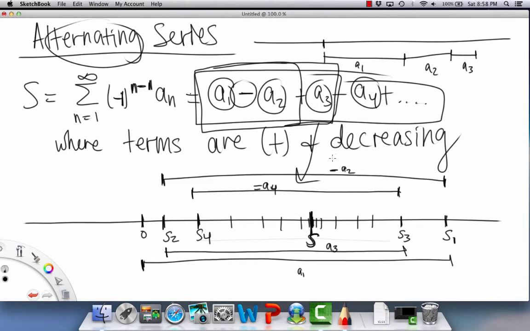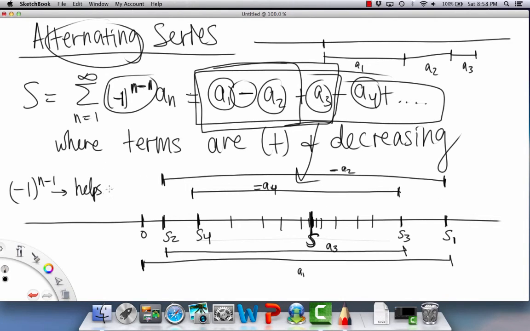So in effect, this factor of -1 to the n, or to the n minus 1, whatever that is, helps the series converge. Because in the previous slide, we had to keep adding positive terms, so that kept bringing us more and more to the right.